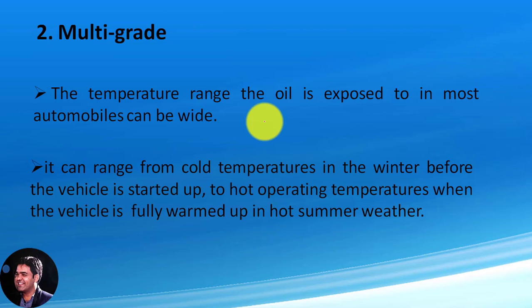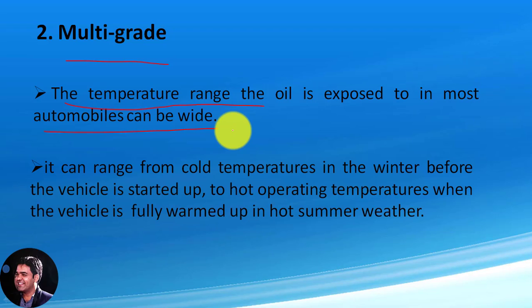Simple. The second is known as multigrade oil. As its name suggests, multigrade means it is a mixture of different engine oil grades. The temperature range that multigrade oil is exposed to in most automobiles can be wide.